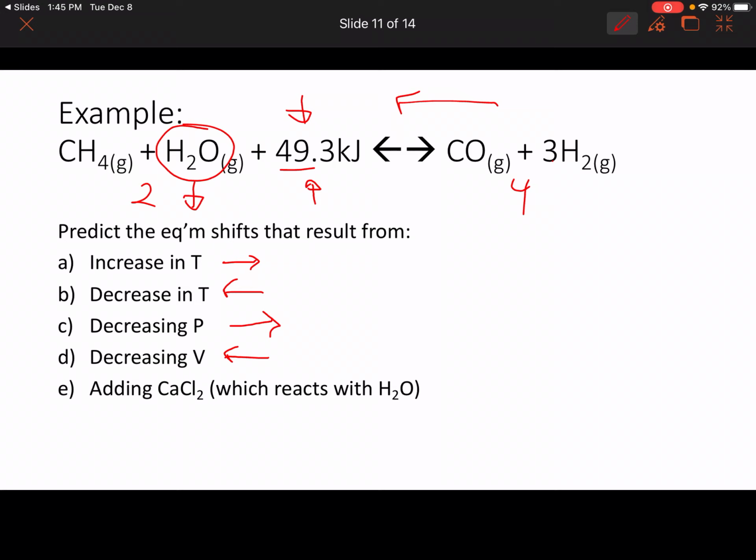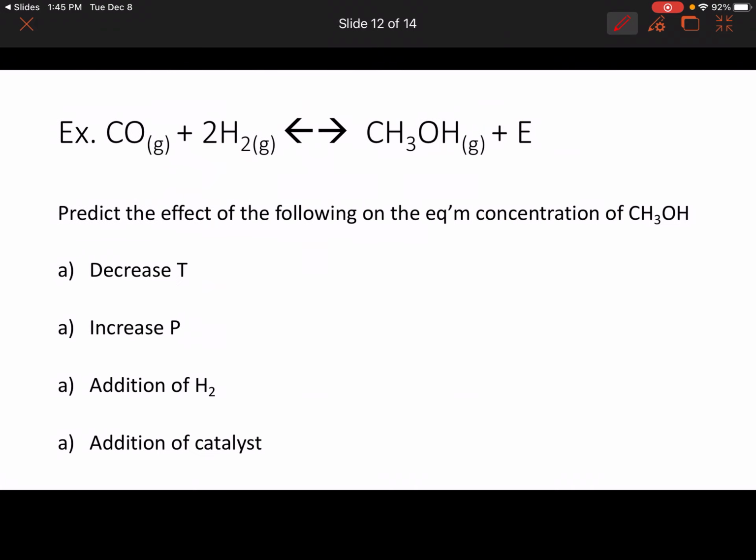Because that decreases, I'm going to slow down the forward reaction, because the forward reaction is our methane plus water. So if I take away water, that's going to be happening less, which means it's going to shift to the left. So the reverse reaction would be favored in that situation.